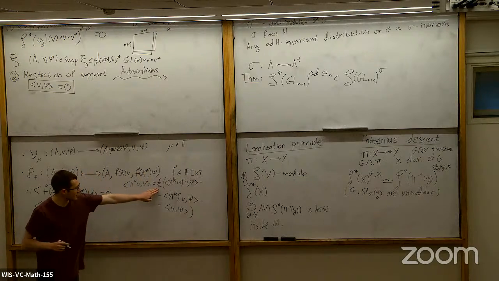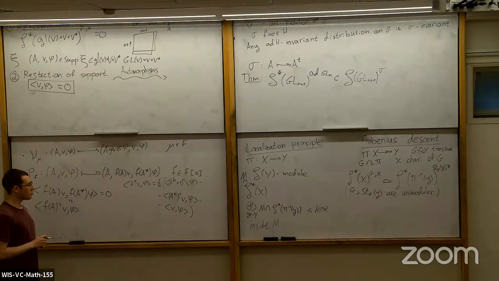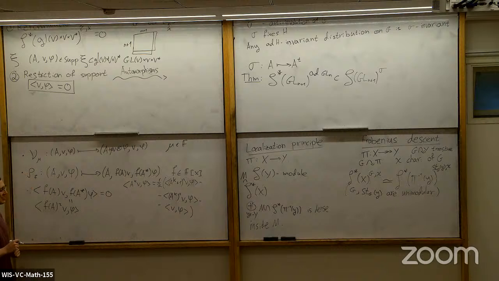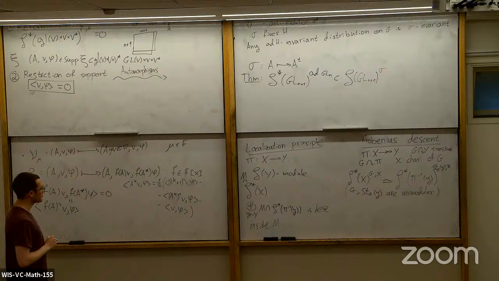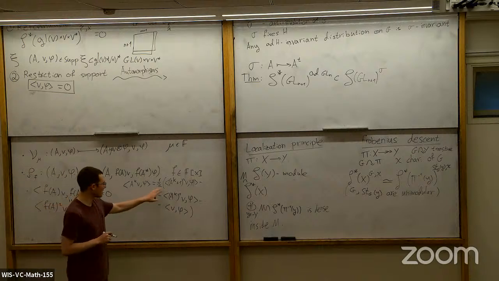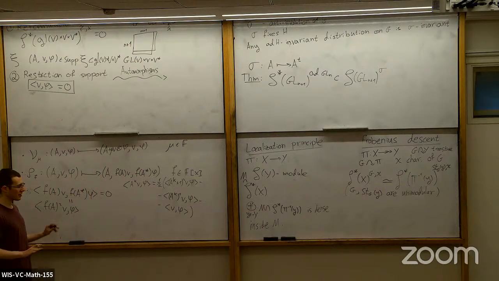And actually, this one half is where we use the condition of odd characteristic. This 1/2 really doesn't work over characteristic 2.